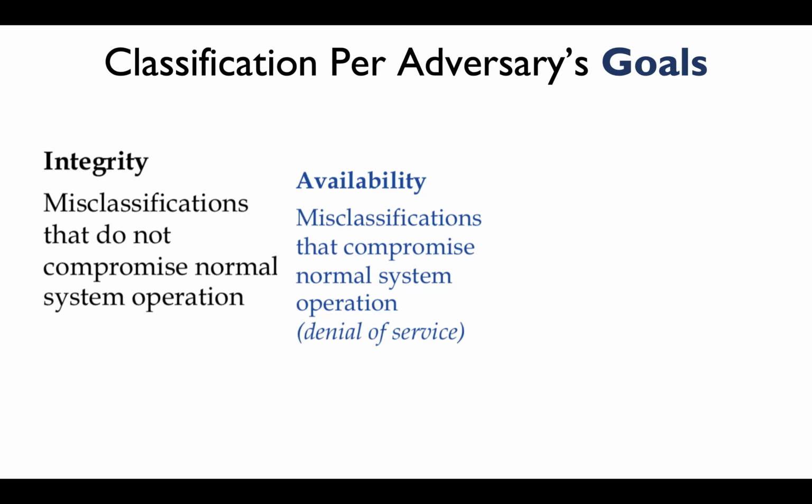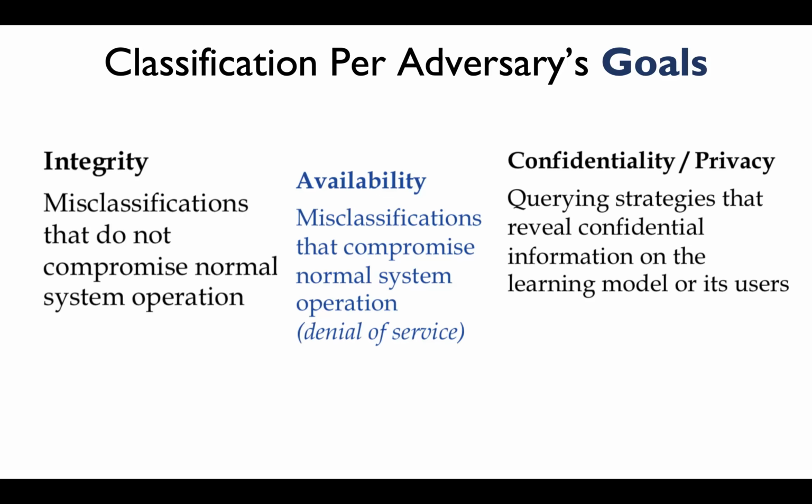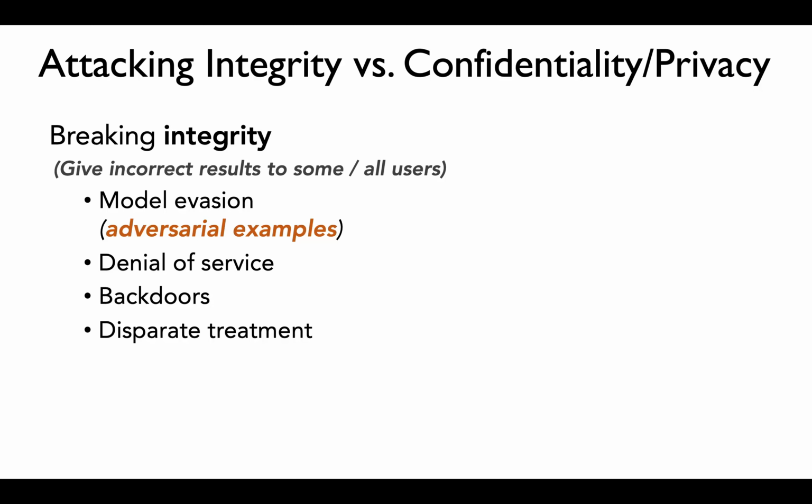So this is akin to the denial of service attack. An adversary may also be interested in attacking the confidentiality or the privacy of the data, which is, the attacker may be interested in knowing the machine learning model, the parameters used, or even getting access to the training data. And because this is confidential, you don't want this to be made available. The adversary's goal can be stated to be attacking the confidentiality of the system.